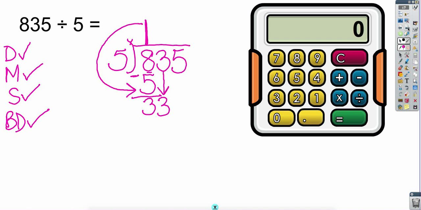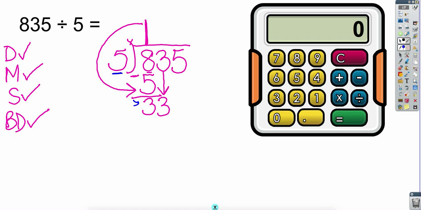So when I'm doing my division part, which I'll change the color of the pen so that you could see more clearly, I'm asking myself, how many times does 5 go into 33 without going over? I do 5, 10, 15, 20, 25, 30, 35.